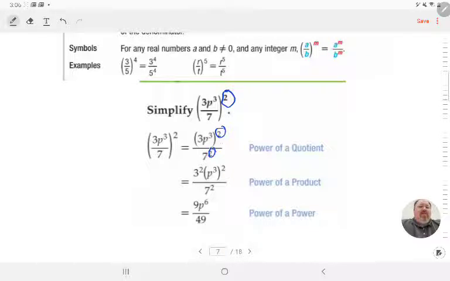And then 3p to the third we have as a grouping with the exponent on the outside, so we distribute that to the 3 and to the p to the third, and we end up with 3 squared, p to the third power squared, over 7 squared. Now we just simply solve what we have here. 3 squared would be 9, p to the third power squared would be 3 times 2, which would be 6, so p to the sixth, and 7 squared would be 49.